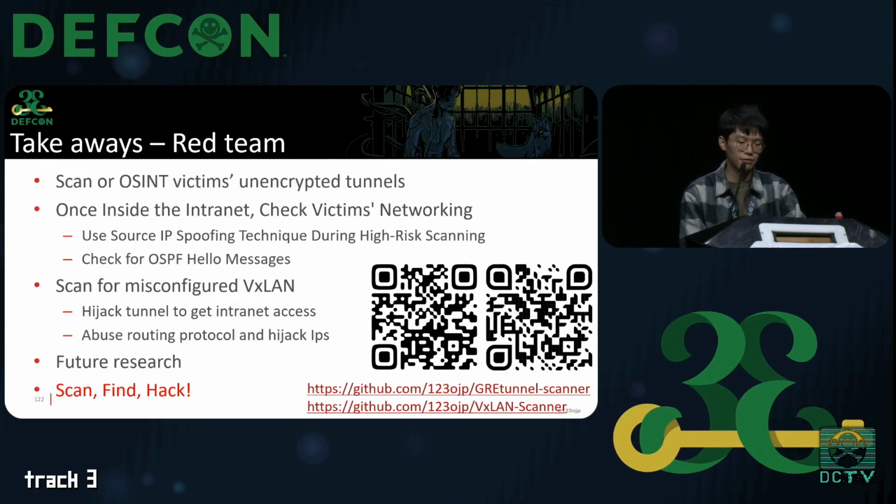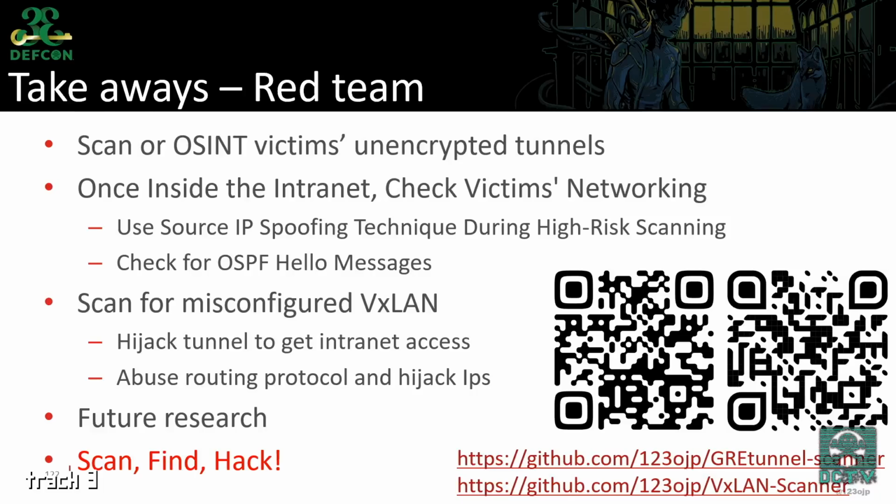And here are the takeaways for red teams. First, scan or use OSINT techniques to find victims using unencrypted tunnels. These can be entry points into the network. Once you are inside the intranet, check the victim's network setup for spoofing. Use source IP spoofing techniques during high-risk scanning to avoid detection.